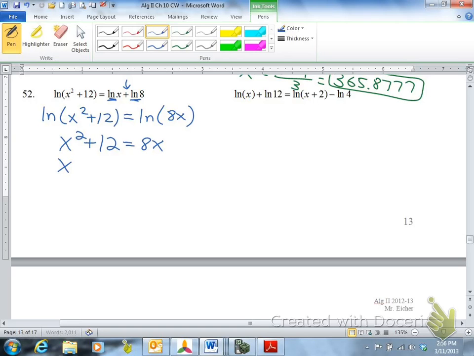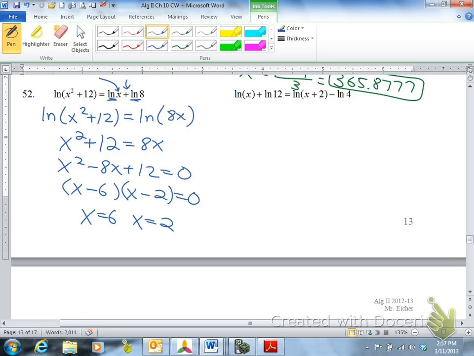You could subtract 8x and set the equation equal to 0, and then you could factor. And factoring this, it would be x minus 6, x minus 2. So x is 6, x is 2. Neither one of these is extraneous because if you plug 2 or 6 into x, you would not get ln of a negative number. So you have those 2 solutions.